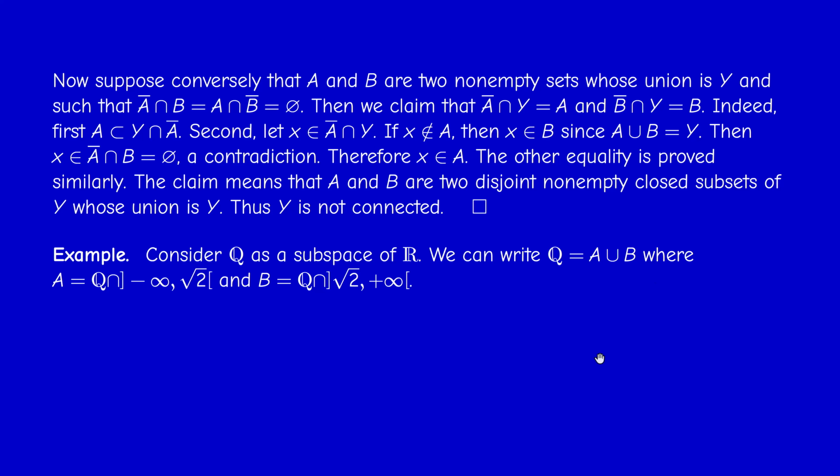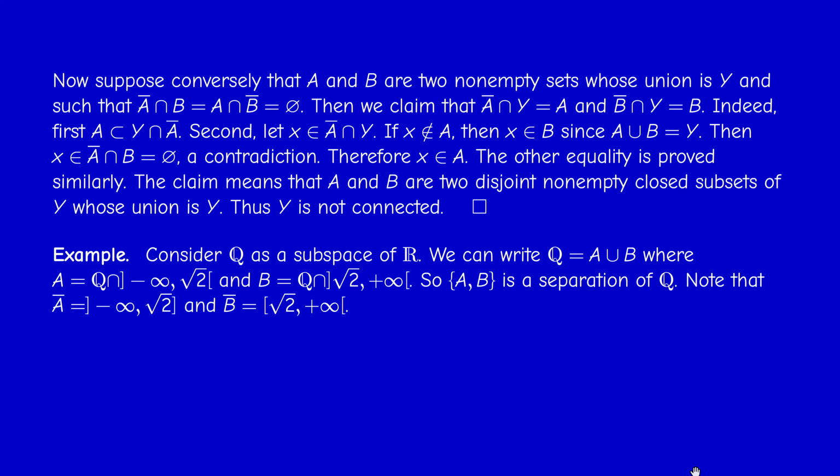So this is now, of course, a separation of Q because A is open in Q and B is open in Q, and they are disjoint, and the union is Q, because radical 2 is not in Q. So we have now a separation of Q. Now, A bar, the closure of A in R, as we proved in the exercise of chapter 1, is, as you expect, the closed interval from minus infinity to radical 2.